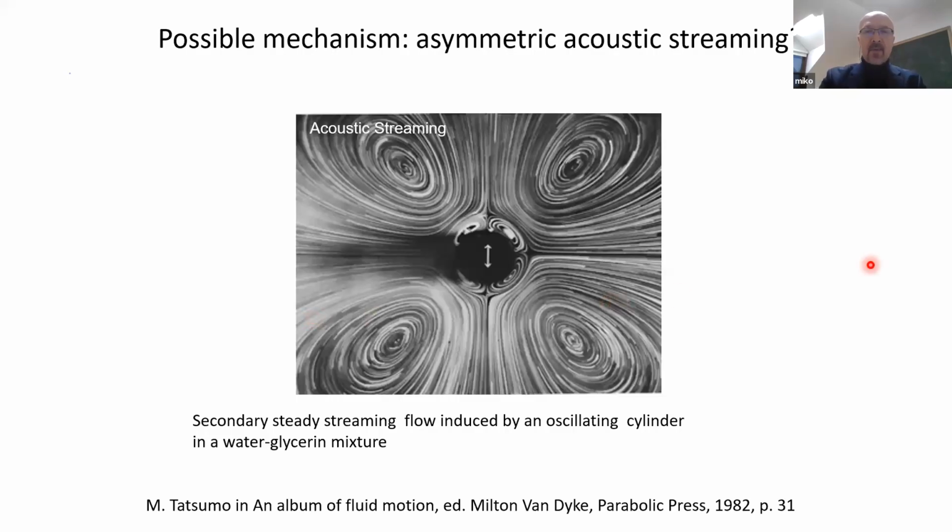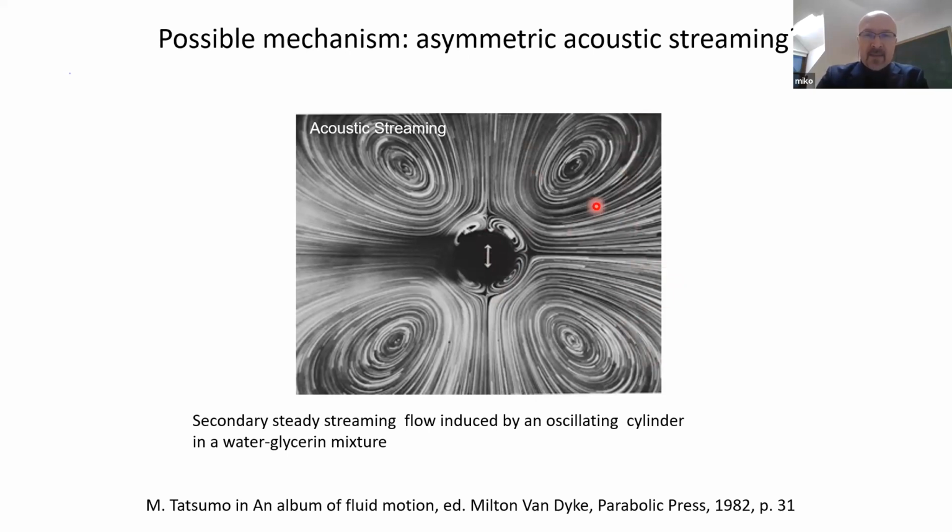So what is the mechanism of this motion? The mechanism is related to so-called asymmetric acoustic streaming. Acoustic streaming is a phenomenon known in fluid dynamics for a long time. Imagine you have a small sphere or cylinder which is oscillating at high frequency in the liquid. Or alternatively, you have a stationary sphere which is subject to an oscillatory ambient flow.